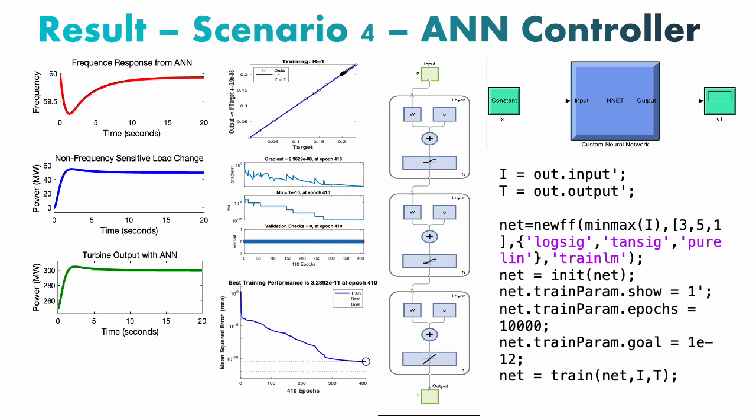Finally, for scenario number 4, that is our preferred or proposed controller, which is the artificial neural network controller. Now, from the scenario number 3 output, we use scenario 3 as our benchmark to train the ANN. Because we got interesting data from scenario number 3, we use the data from this scenario as the input data to train the ANN.